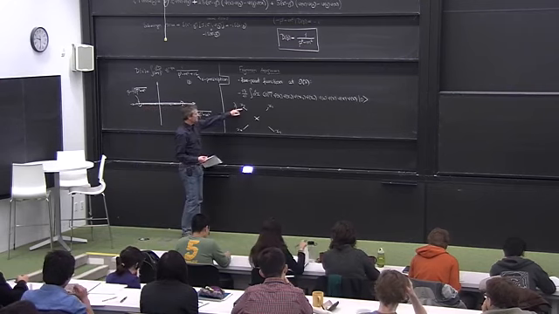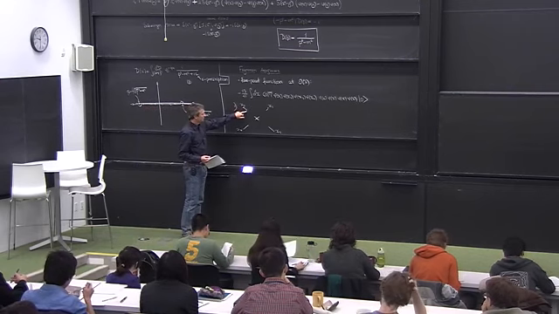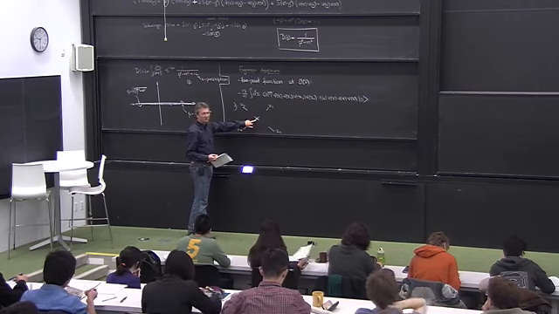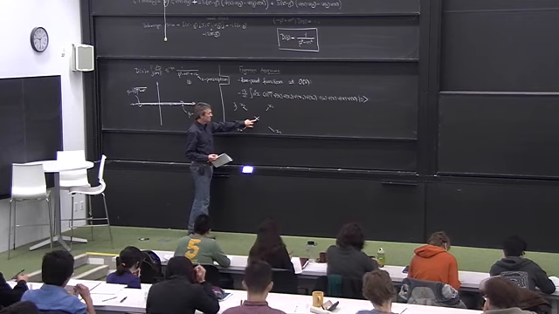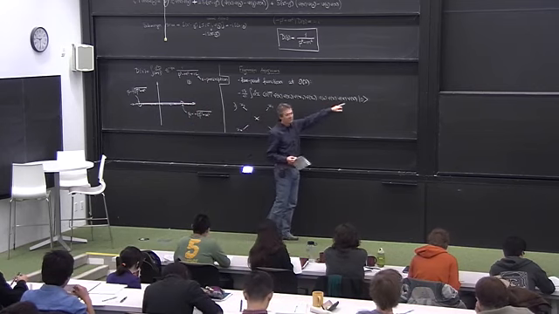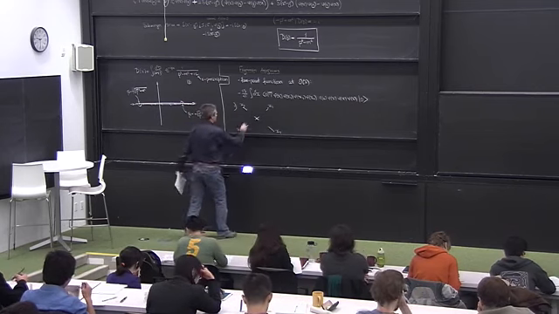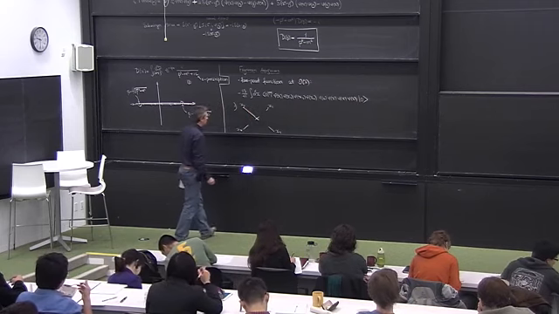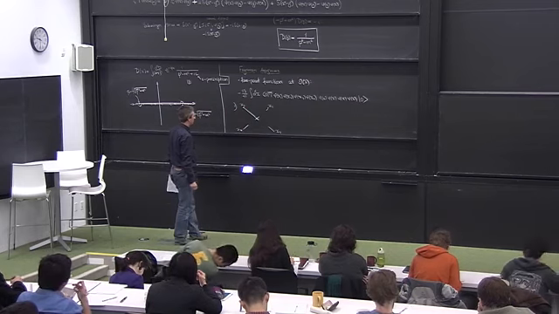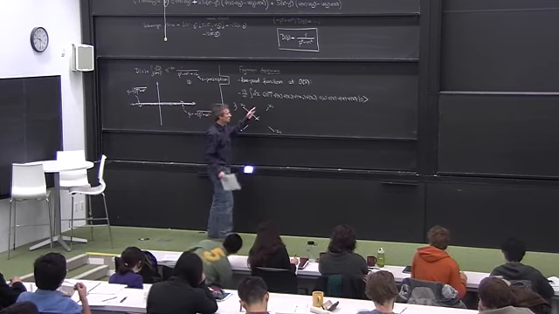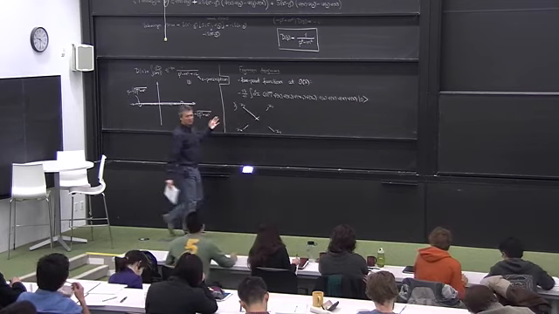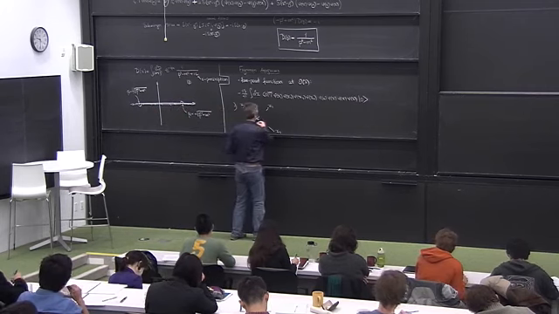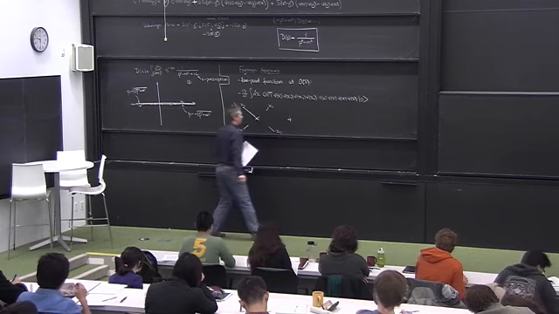Let's start with x1. x1 can connect to any of these four lines, so it can connect to any of the four phi's. But then there's complete symmetry, right? The resulting expression will not depend on which of the phi's it connects to. So we connect it with one of them and multiply by 4.